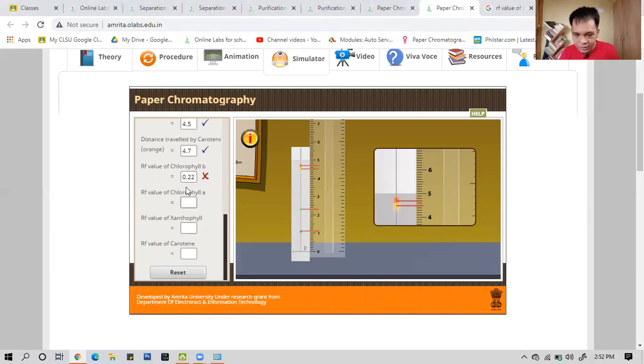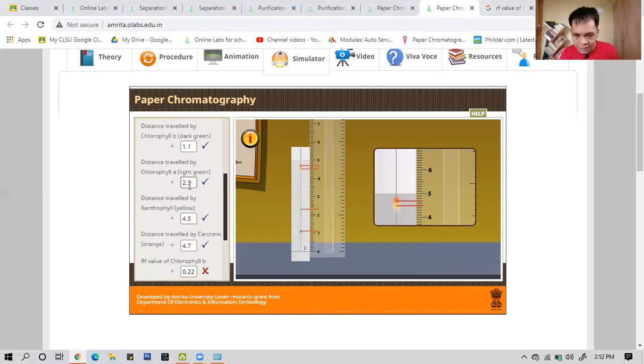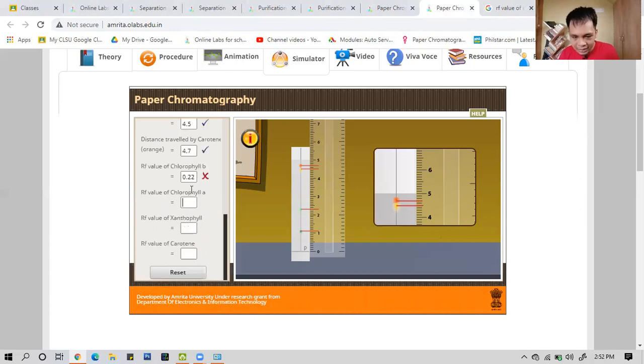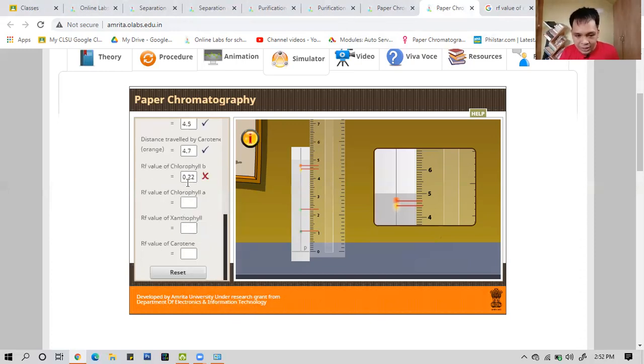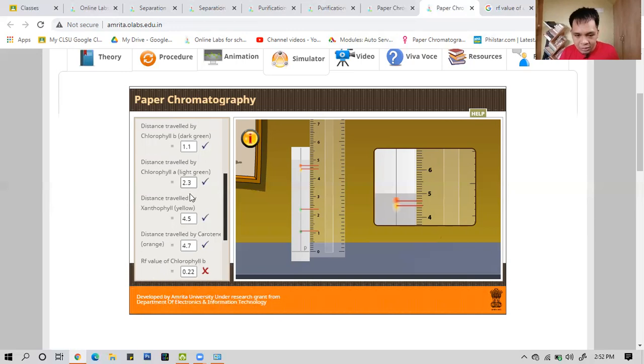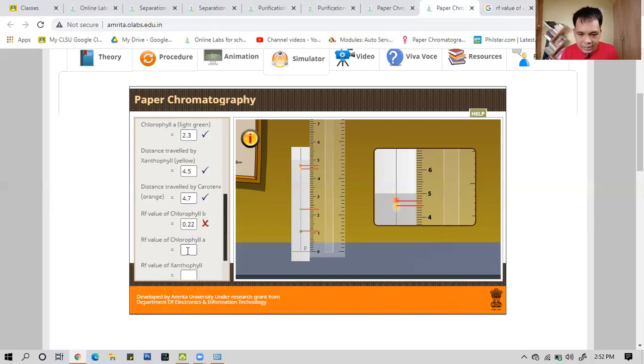So, makuha mo yung RF values niya. Pero bakit ganon? Ba't hindi siya 1? Pero dito, tignan natin dito sa 2.3 divided by 5, that is 0.46.